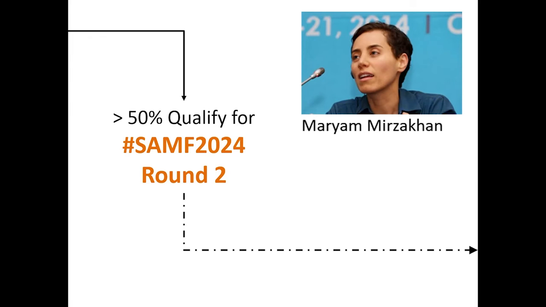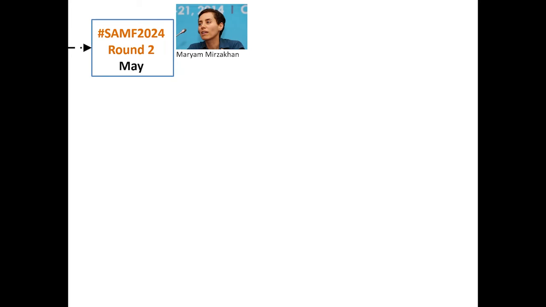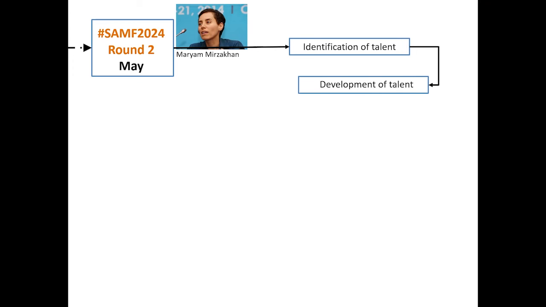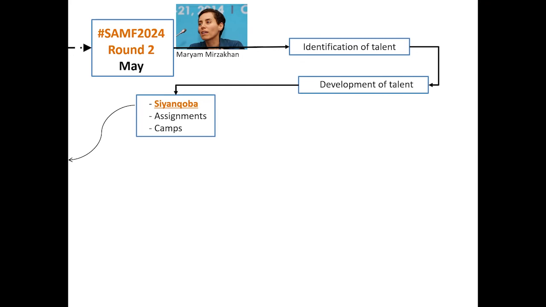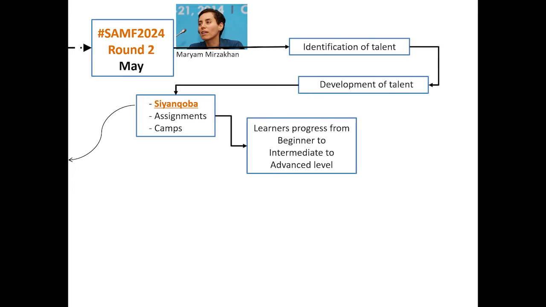Participation in the second round of the Maths Olympiad helps us to identify talent, develop the talent, and then have the learners join the Siyankoba program, which has assignments and camps. Through this, learners will progress from beginner to intermediate to the advanced level. They can also use the Maths Talent Search here to help them progress.